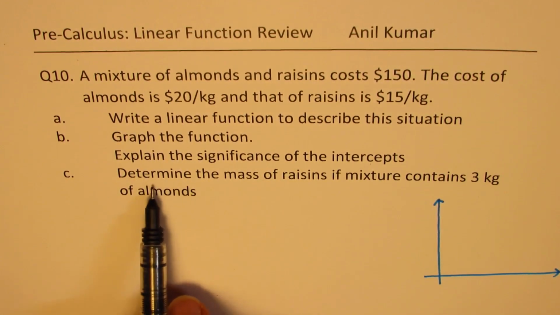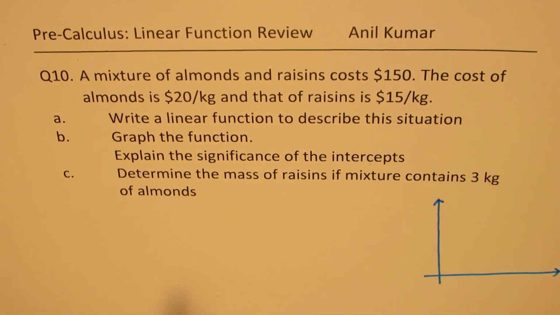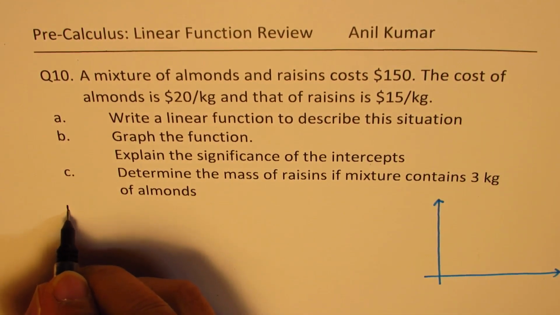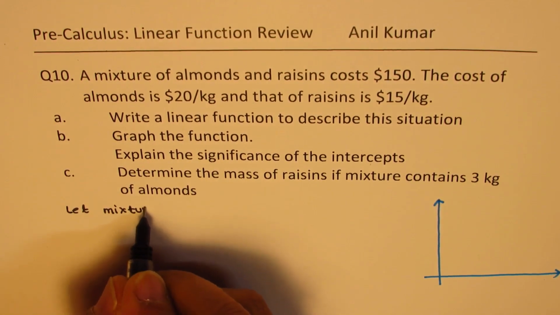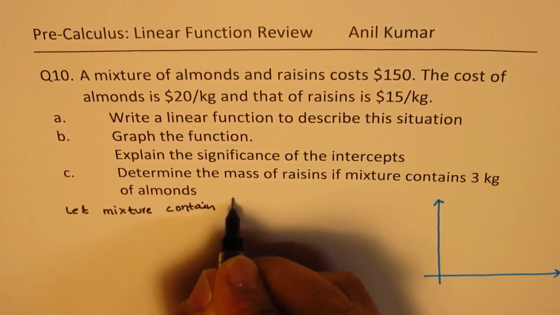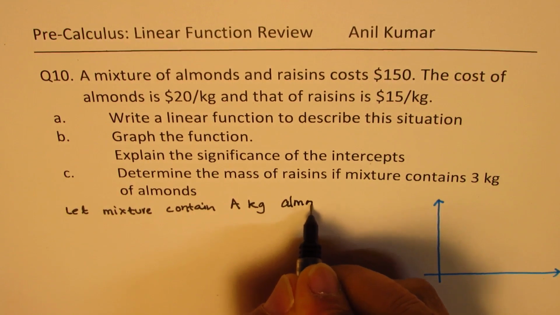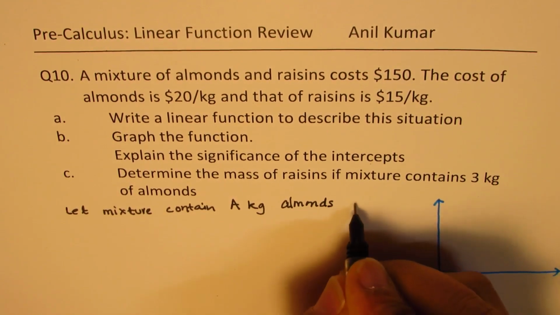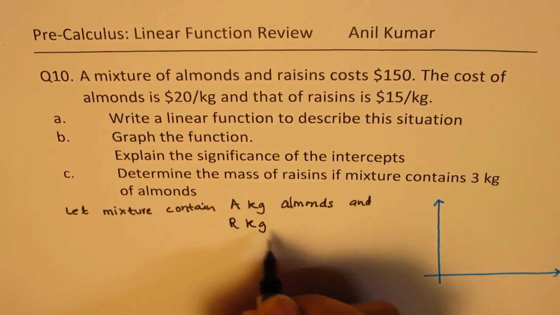The last part here is to determine the mass of raisins if the mixture contains 3 kg of almonds. So we'll say, let the mixture contain A kg almonds and R kg raisins.